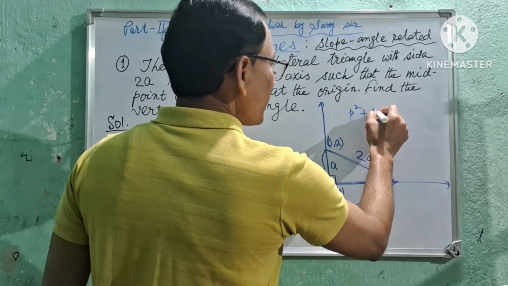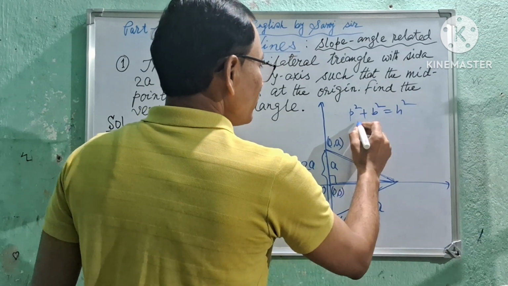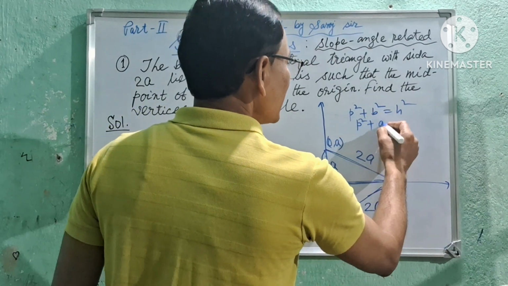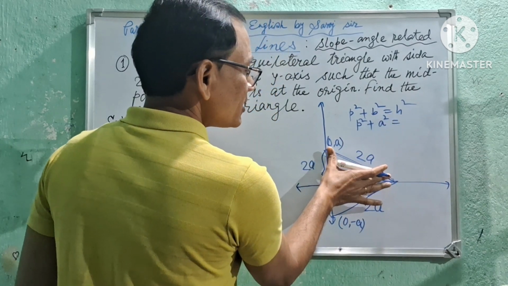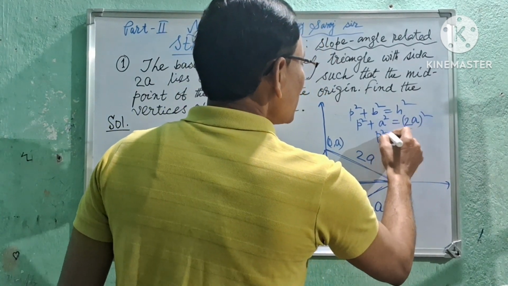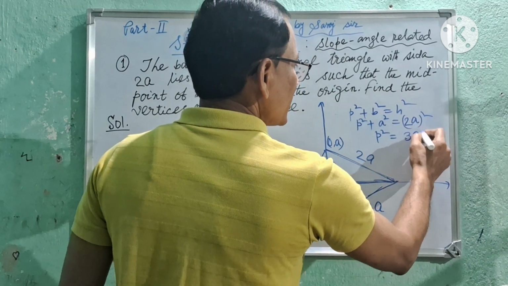We know p square plus b square is equal to hypotenuse square. Here the base is a and the hypotenuse is twice a, whole square. So p square is equal to 4a square minus a square, which is 3a square.